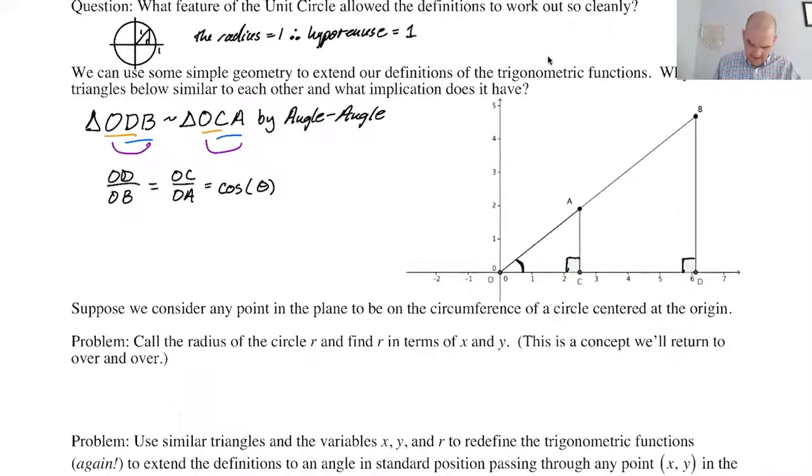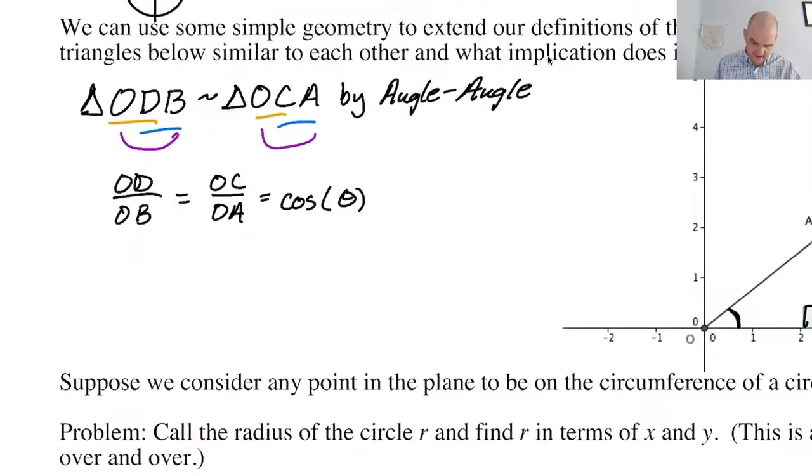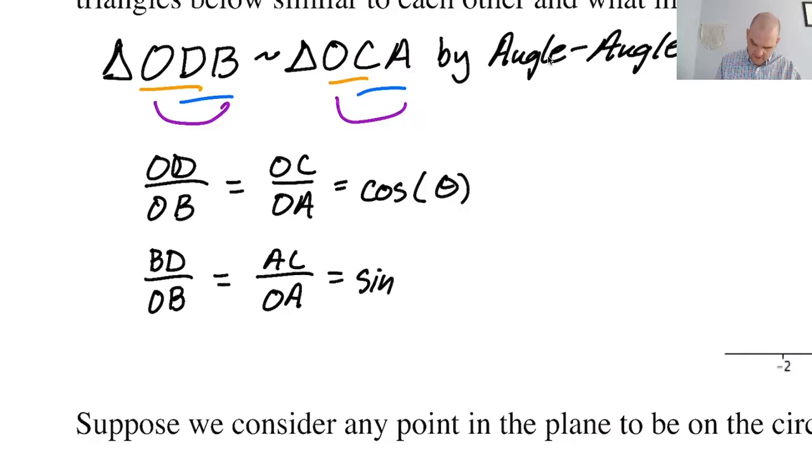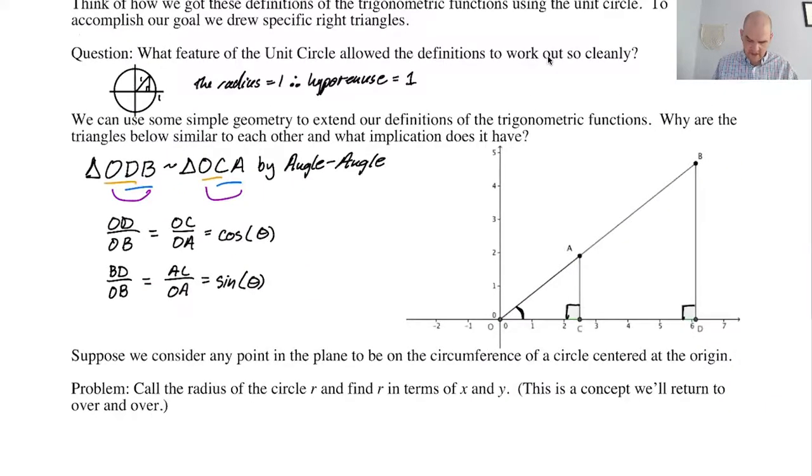So AC or CA, however you want to say it. Let's go with CA. So BD over OB is equal to CA over OA, and both of those equal sine of theta. Now what's interesting about this is that this is just how trig works.